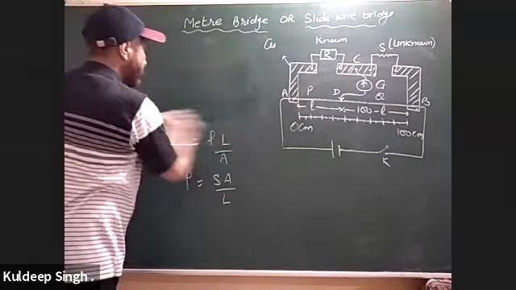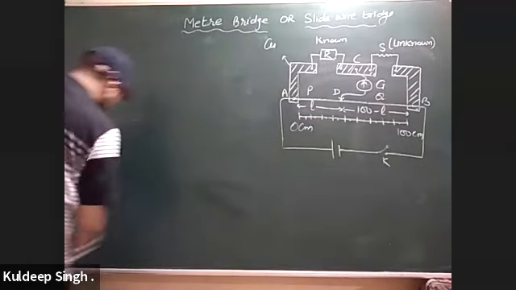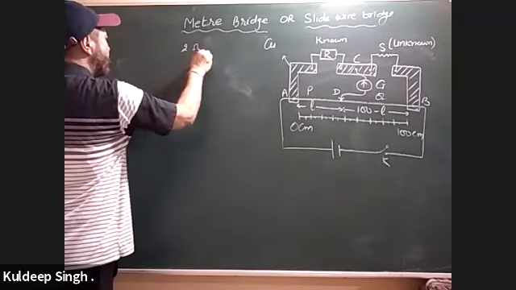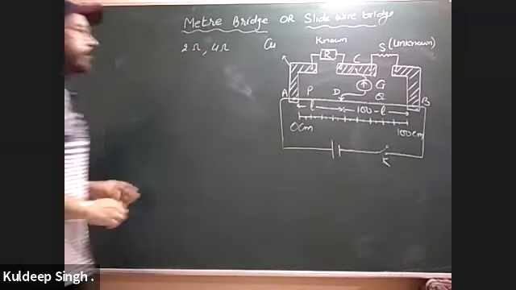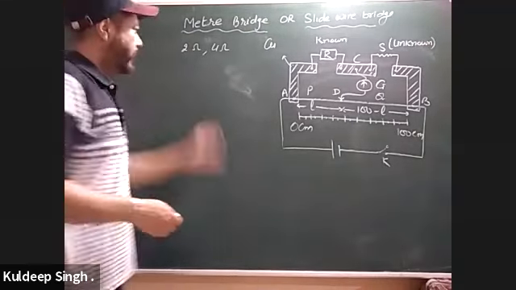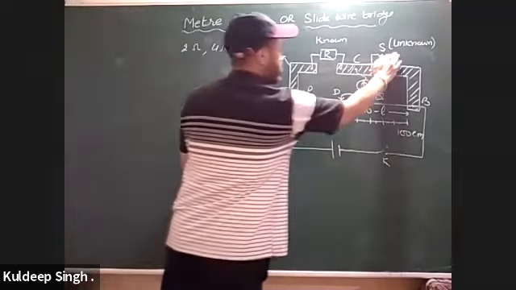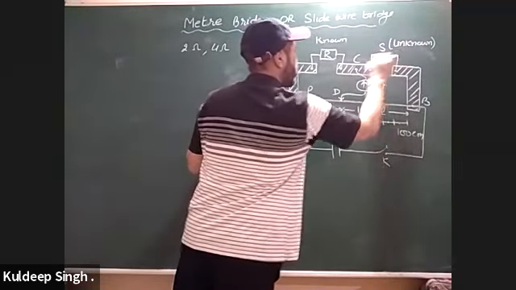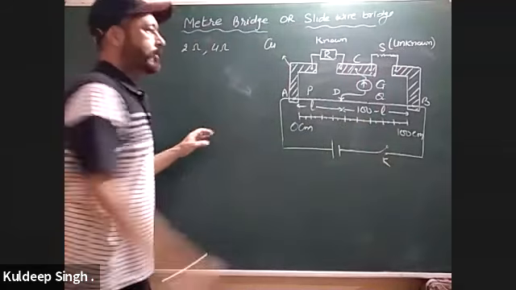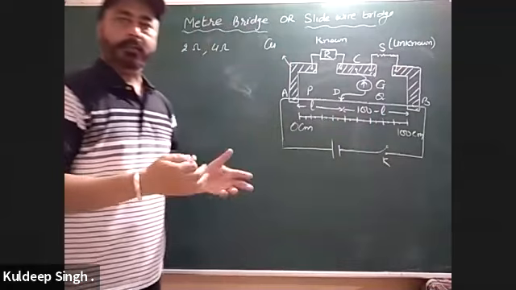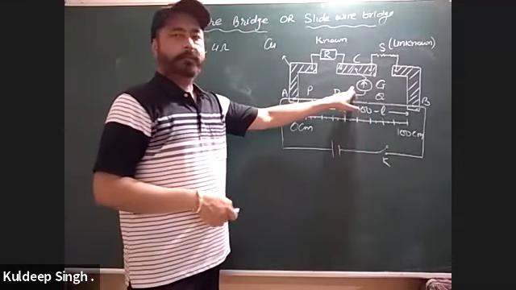Similarly, let us say you are given two resistances, say 2 ohm and 4 ohm, and you want to verify the law of series combination. Then I will put these two resistances here, 2 ohm and 4 ohm in series. Then I will find out the null point, that is the balanced point where the galvanometer shows zero deflection.